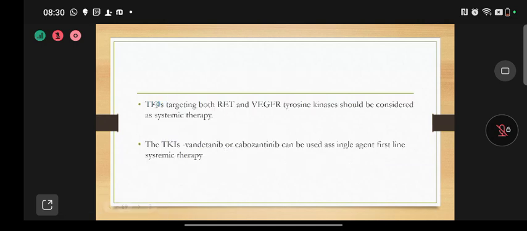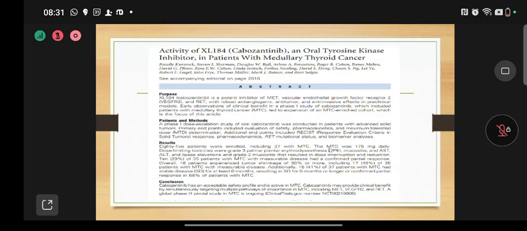Tyrosine kinase inhibitors target both RET as well as vascular endothelial growth factor receptor, and are considered for systemic therapy. Vandetanib and cabozantinib can be used as single agent first-line systemic therapy. A phase 1 trial showed the safety of cabozantinib, which targets multiple pathways important in medullary thyroid cancer: MET, RET as well as VEGF.